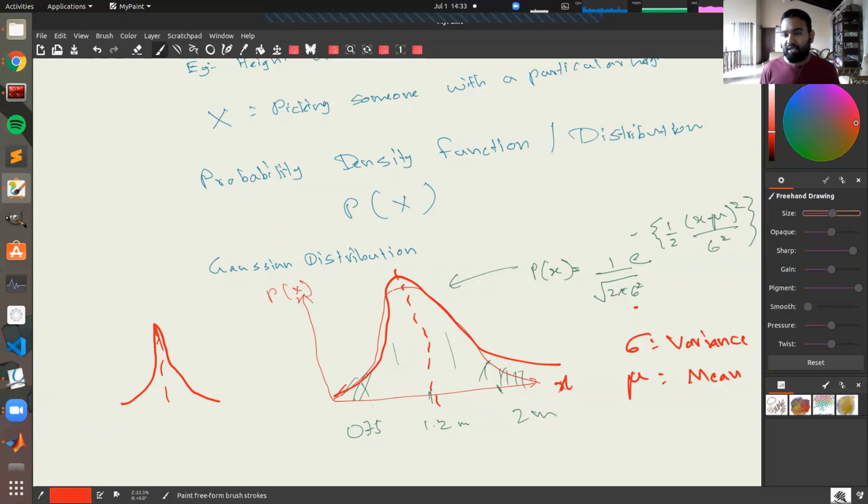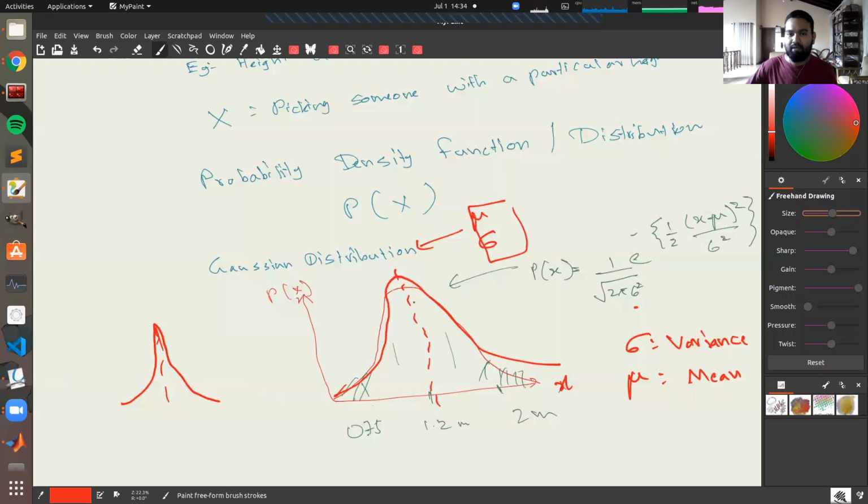So here you can see the only values that you need to explain a Gaussian distribution are just the mean and the variance, right? Because this equation, we already know. So you can explain a Gaussian distribution by just giving the mean and variance.